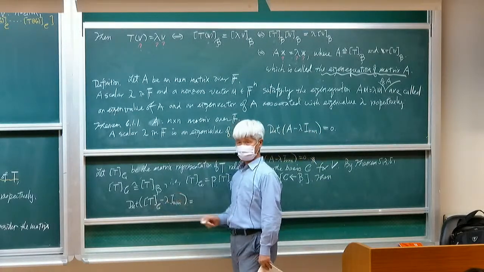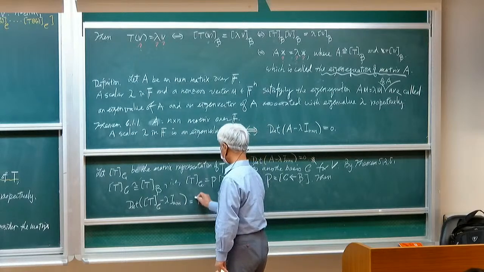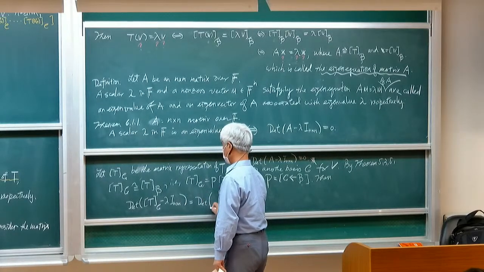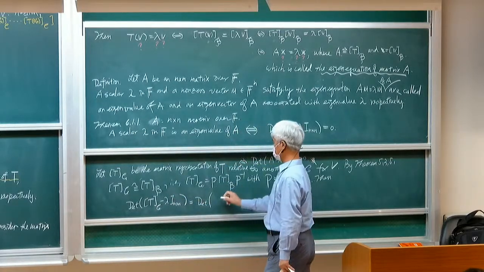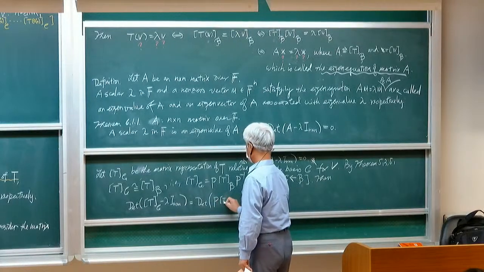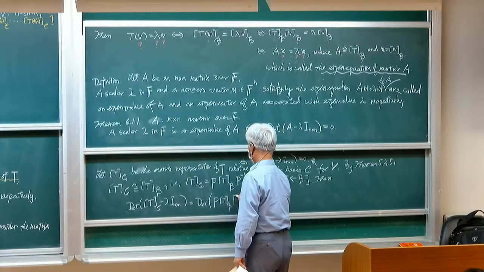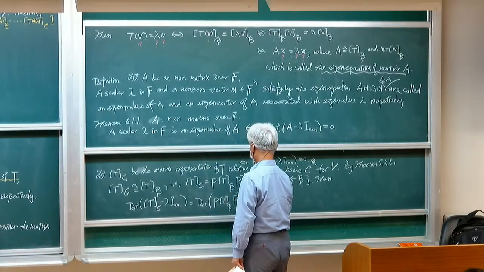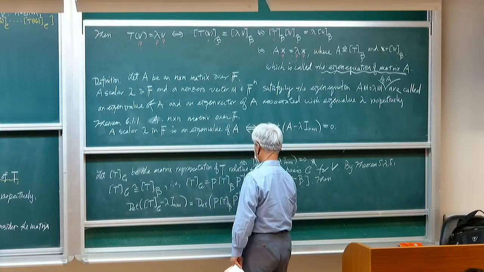So we take the determinant, and because of the similarity, this is P, T, B inverse, that's lambda here.